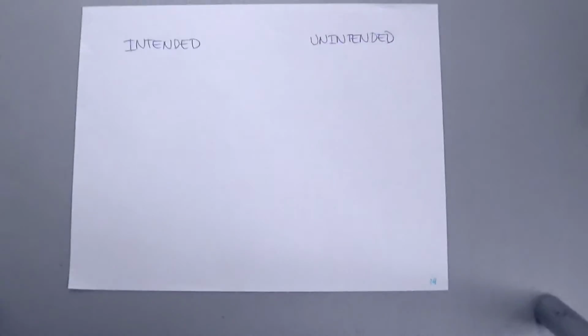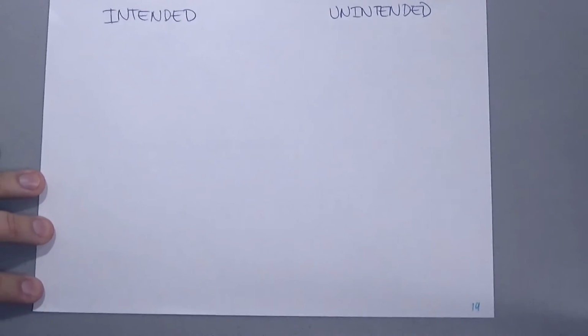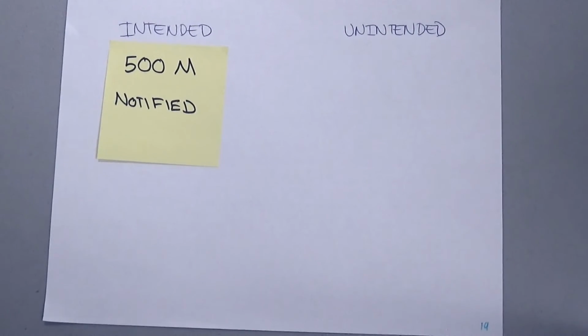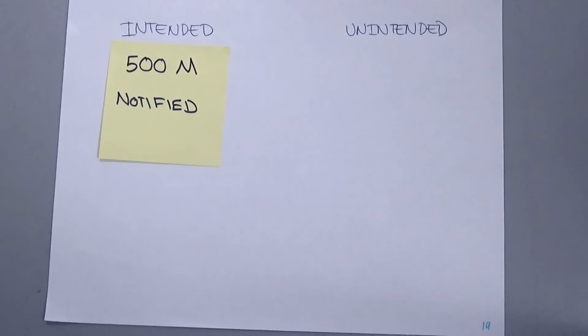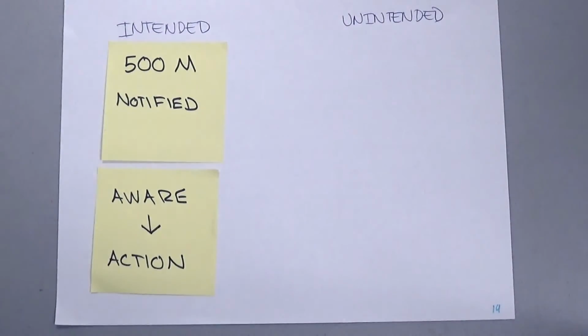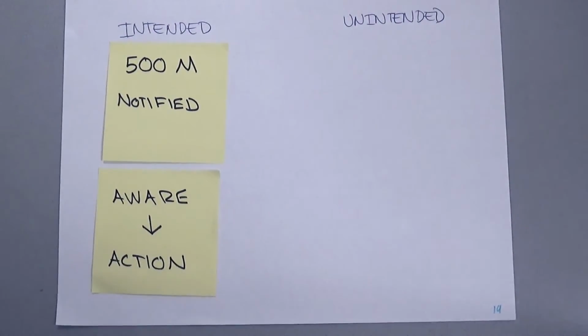However, in this breach we have some intended consequences. For instance, more than 500 million users were notified, which is really good. And right now, those users are aware of the situation and can take action about their privacy.